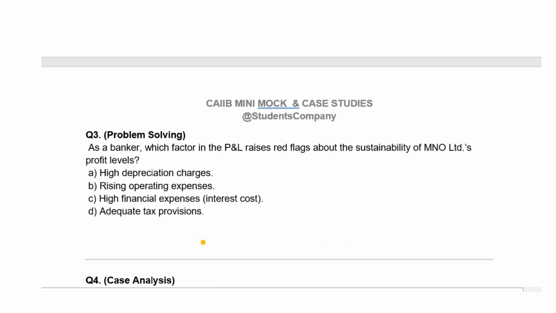Third one. As a banker, which factor in P&L raises red flags about sustainability of MNO Limited's high profit level? So you have seen the profit level. Now they are asking whether it can be sustainable, whether they can repeat this profit year after year. What are the concerns? High depreciation charge, rising operating expense, high financial expense, adequate tax provision.